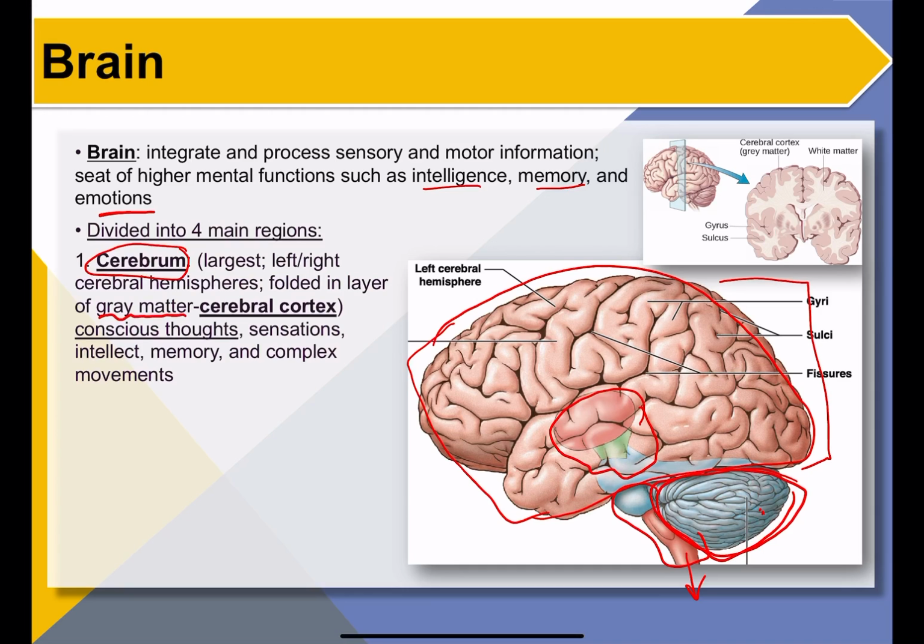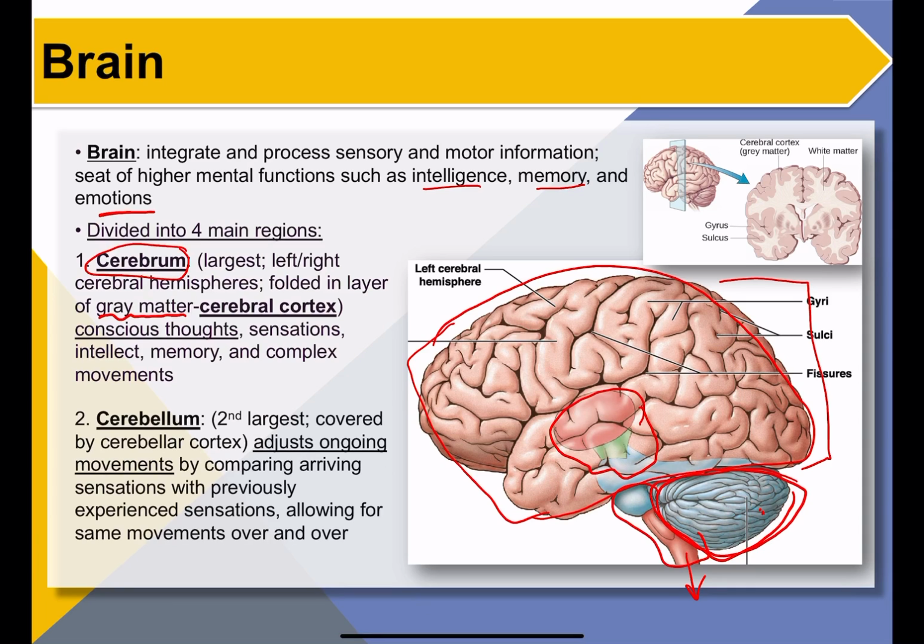If there's a lot of gray matter in that area, that means they're mostly made up of cell bodies, whereas white matter is mostly made up of myelinated axons. It's either cell bodies or unmyelinated axons for gray matter, okay? And the cerebrum is mainly in charge of all conscious thoughts, sensations, intellect, memory, and all the complex movements, etc.